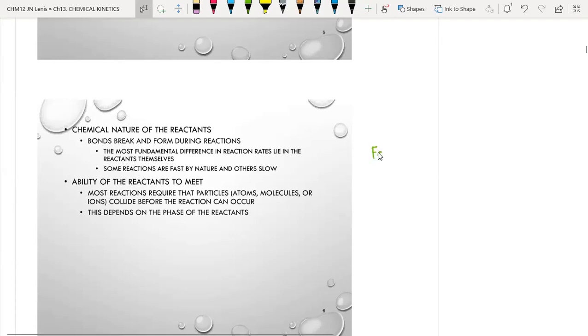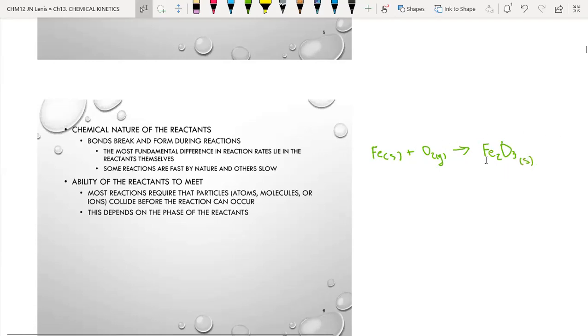Iron solid plus O2 gas to form Fe2O3 solid.